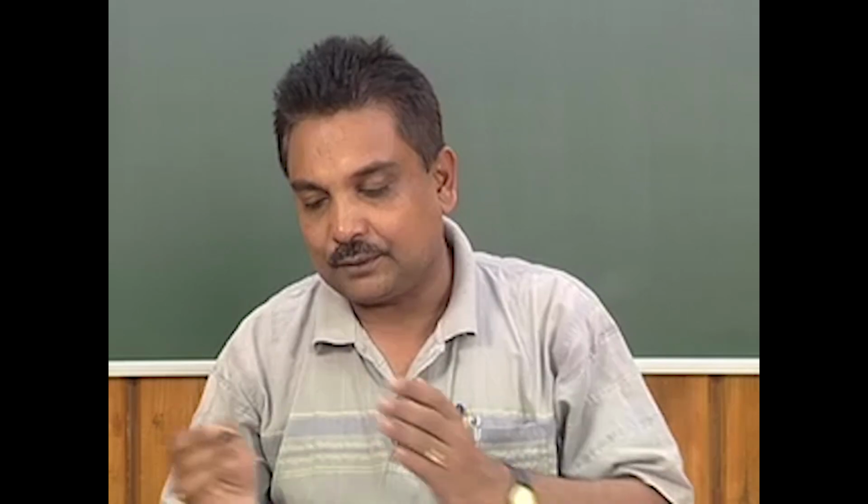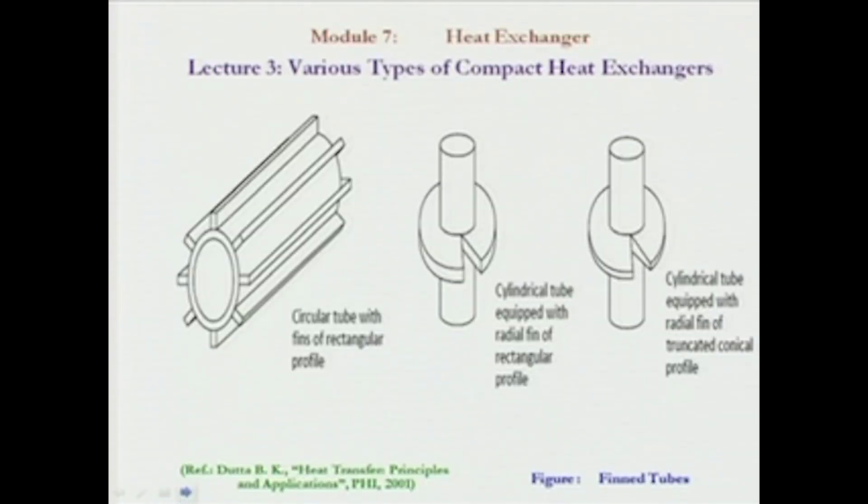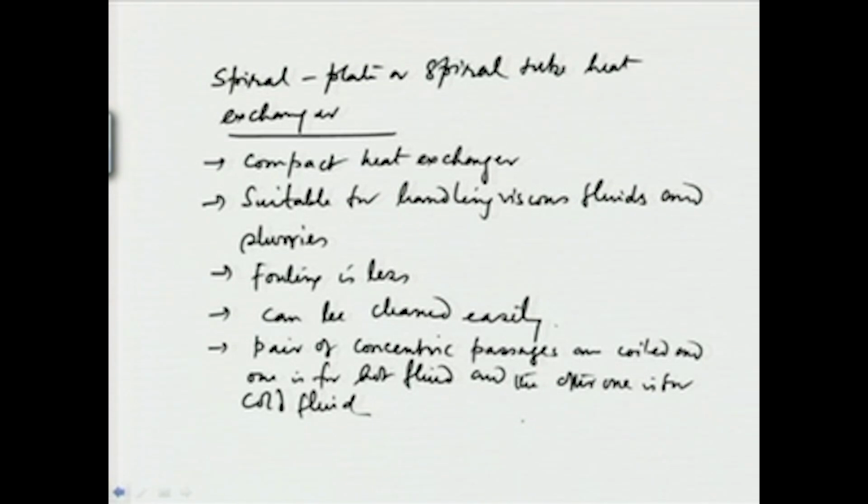Okay. And similarly, in place of concentric passages, in case of spiral tube, it will be a pair of concentric tubes. Those will be used for flow of these fluids in the spiral tube heat exchanger. And the spiral tube heat exchanger has some advantages, as I told you.